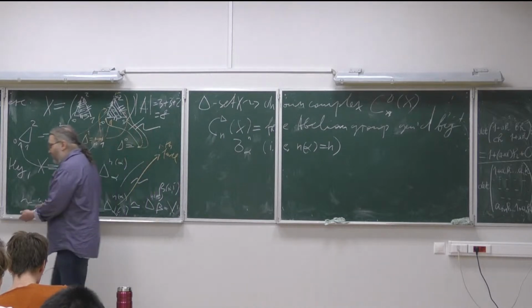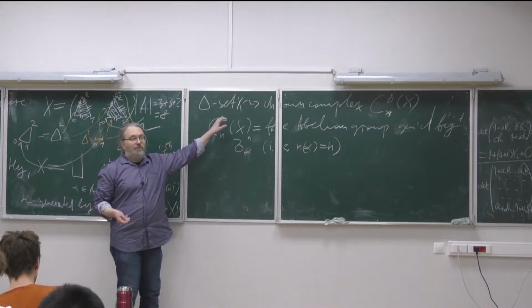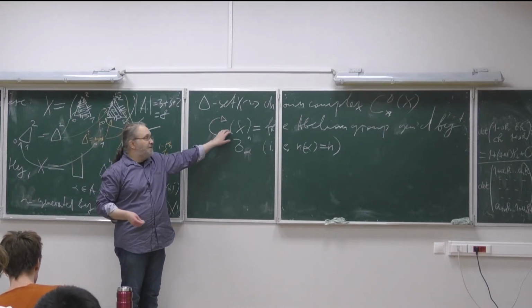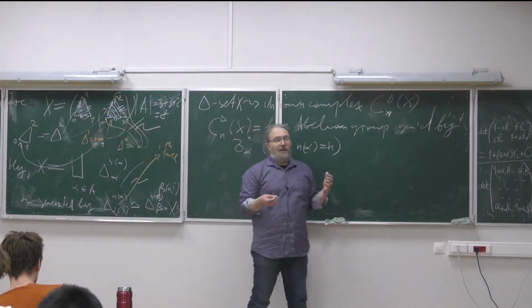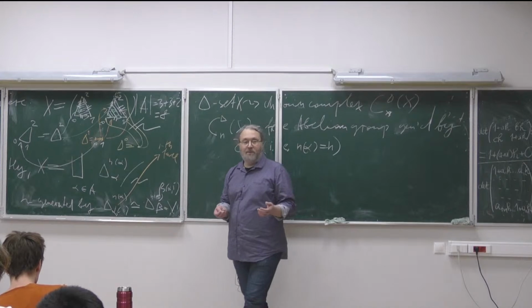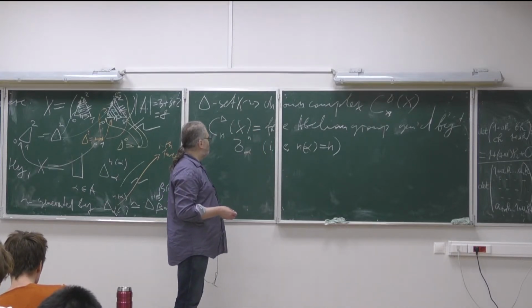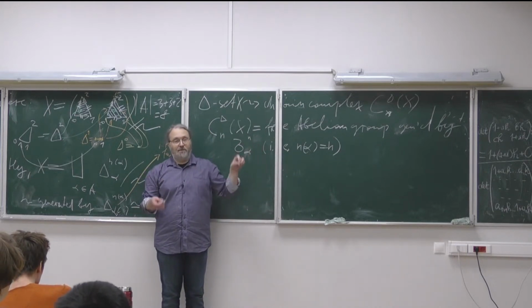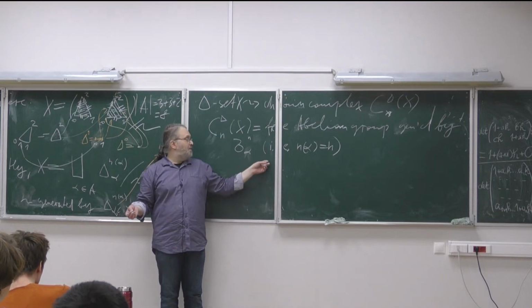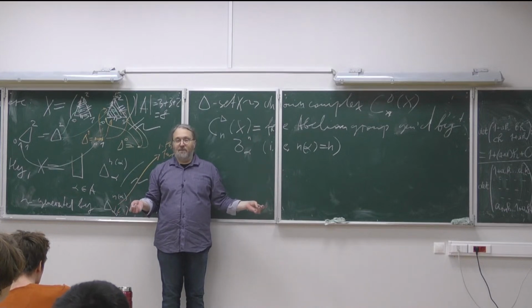As a group, the degree n component of this thing is just the free abelian group generated by sigma alpha, meaning it is generated by those sigma alpha such that n of alpha is n. Does this make sense?